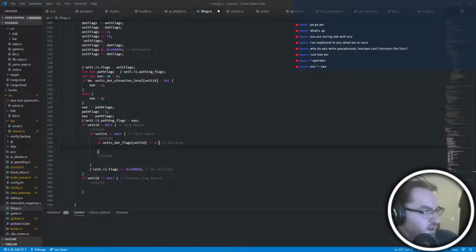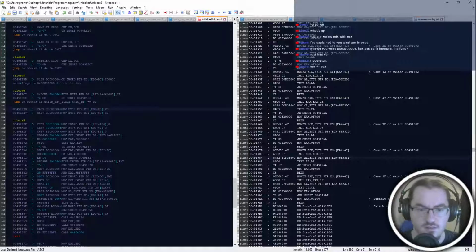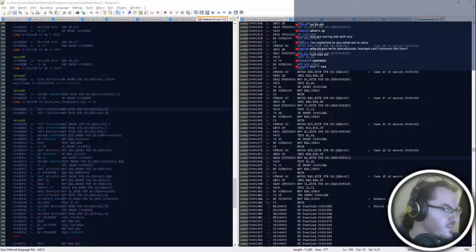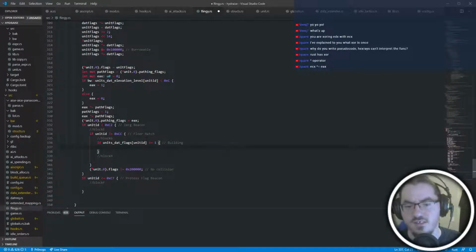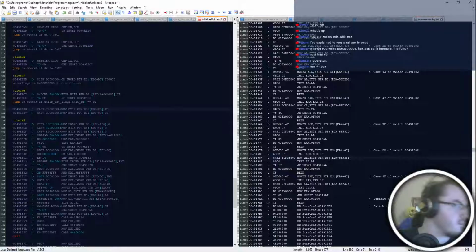So C8 is in hanger count. Yeah, it looks like the only C9 I have here anyway is... Oh, there is C8 tech and C9 upgrade for buildings. But it's if this does not equal 1, which would be building. So I guess we can rule that out?